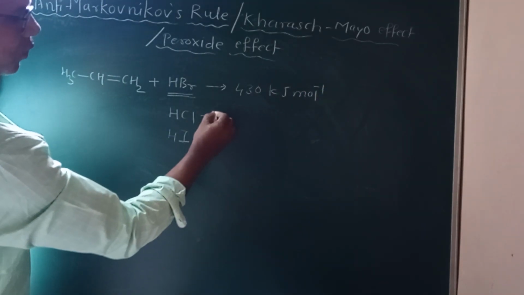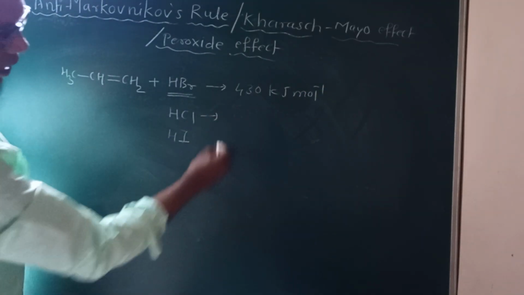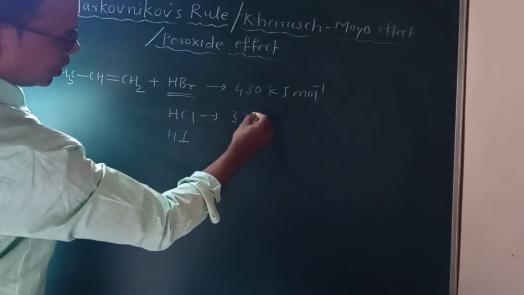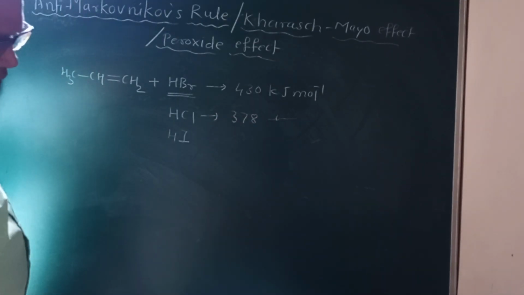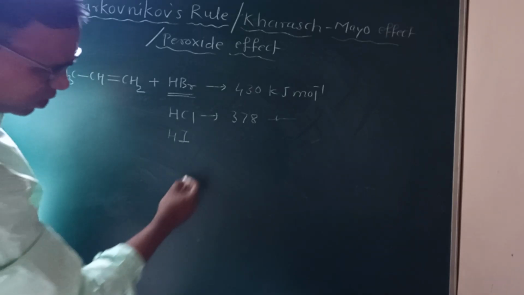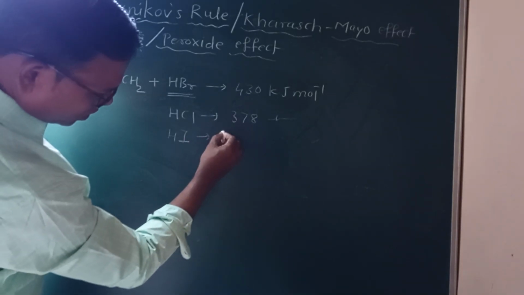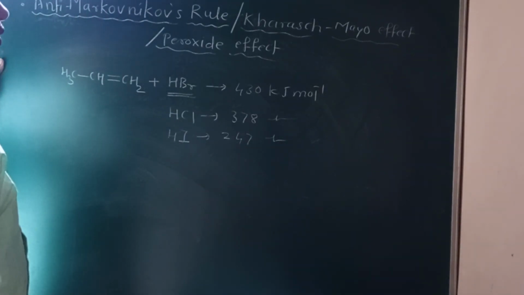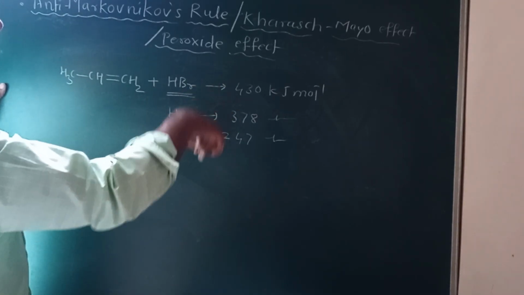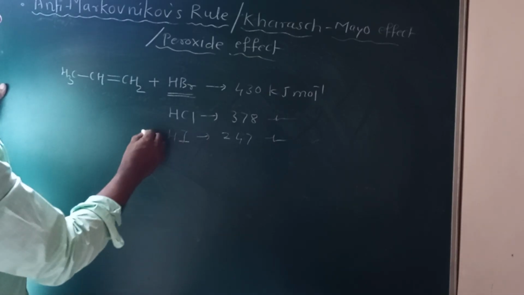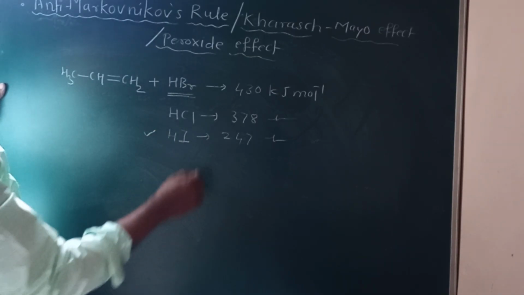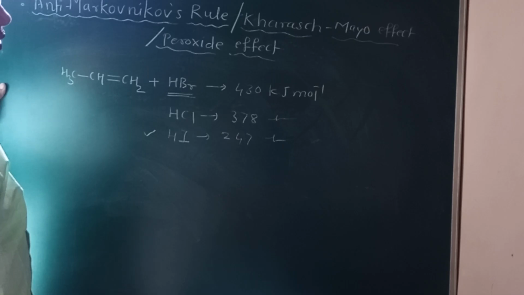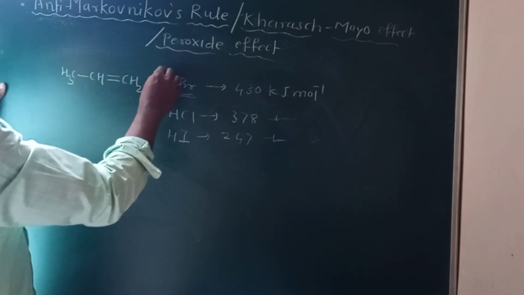Similarly, for HCl it is found to be around 378 kilojoule per mole, and for the next molecule, HI, it is 247 kilojoule per mole. If we observe these bond dissociation energies, then we can say that HI should be highly reactive because of the lowest bond dissociation energy.